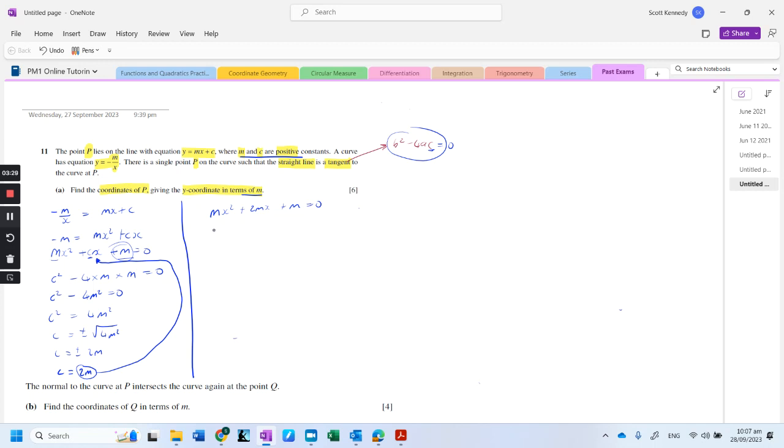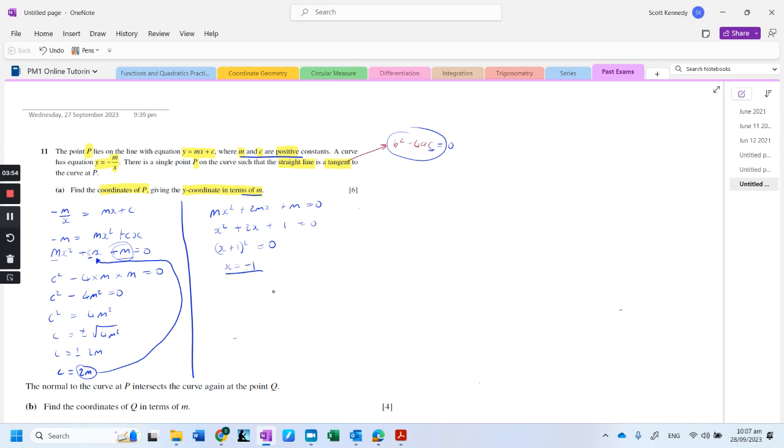So divide out the m's. Divide both sides by m to get this. You can see that this is very easy to factorize into x plus 1 squared equals 0. So x is equal to minus 1.